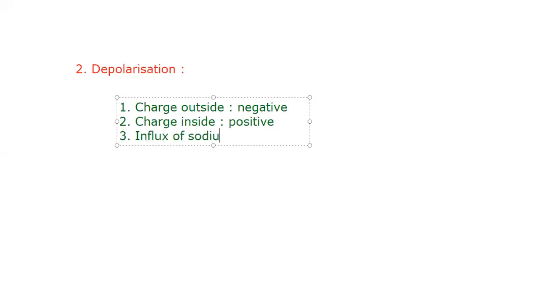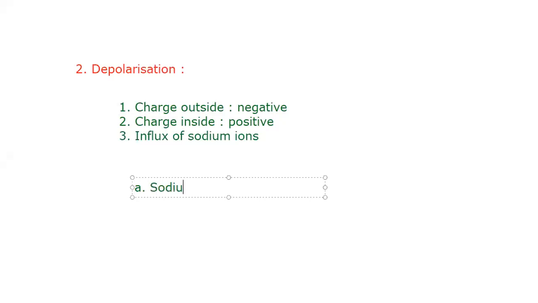It is enough for NEET to remember the influx, because based on NCERT there is no gate information. So how is it possible? We say because of the influx of sodium ions. Okay. If we want to write the gate information based on the state textbook, we need to write like this: sodium inactivation gates are open.